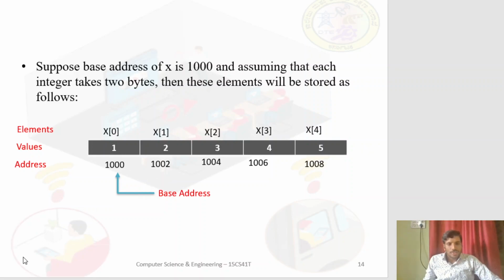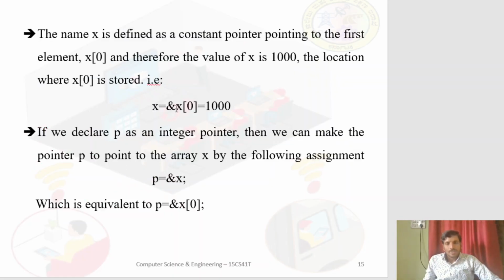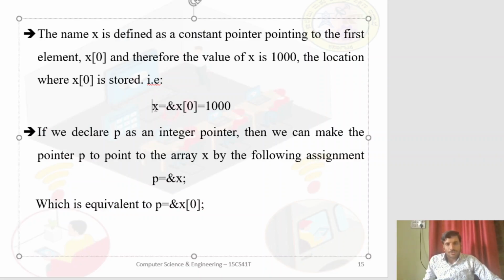Let us assume the compiler allocated the base address of this array as 1000. Then we can represent that base address using the expression ampersand of x of 0, which is 1000. And in case we are using pointers, we can assign the array to the pointer.